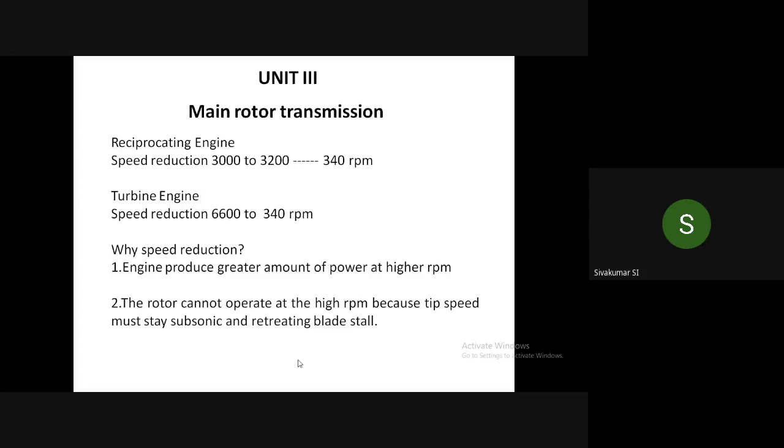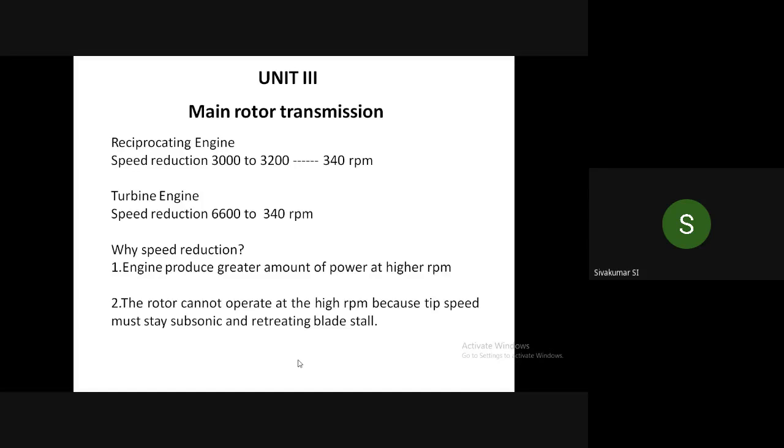In the earlier days the reciprocating engine was used, and now the turboshaft engine has come. The turboshaft has the power turbine and the free turbine, so it is easy for rotation of the main rotor. The free turbine is directly connected to the main rotor, and there is no starting problem.